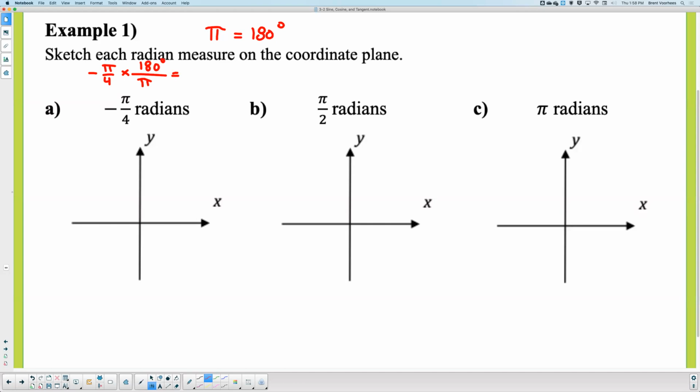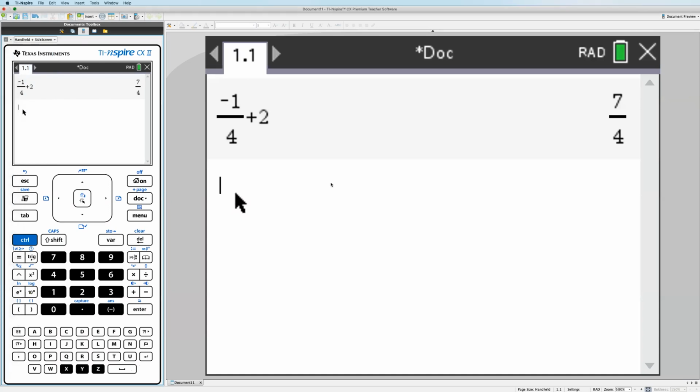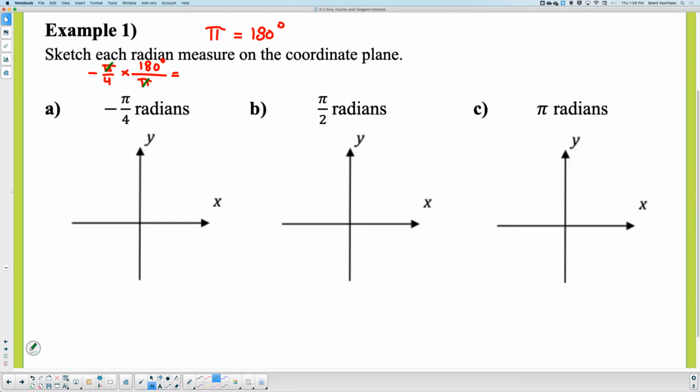Now I could go to my calculator and multiply this out, and we're going to find out how many degrees this is so we can draw it properly. I'm going to take negative pi over 4. Actually, my pi's cancel, so I'm not even going to type pi in. My pi here and my pi here cancel.